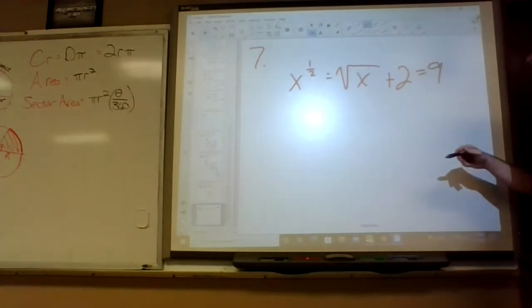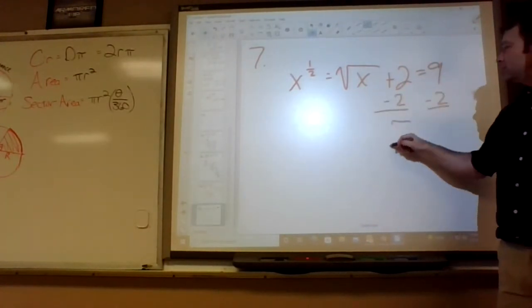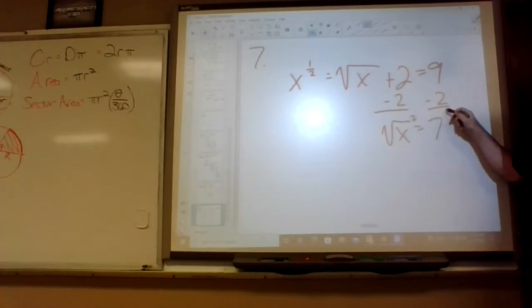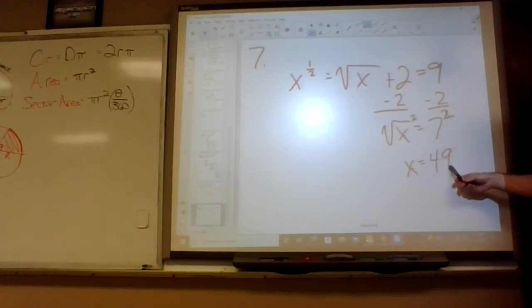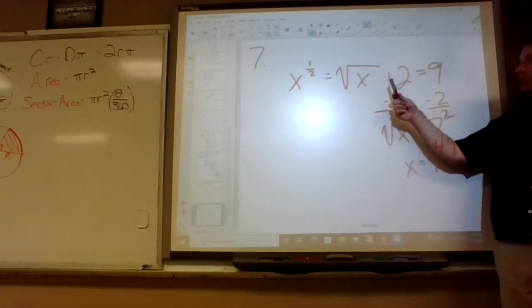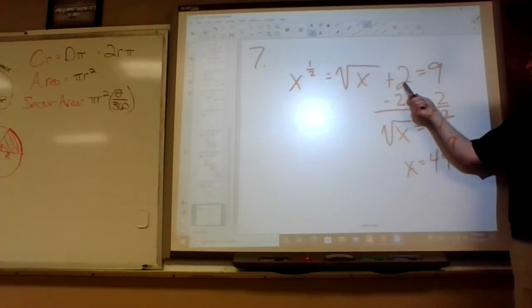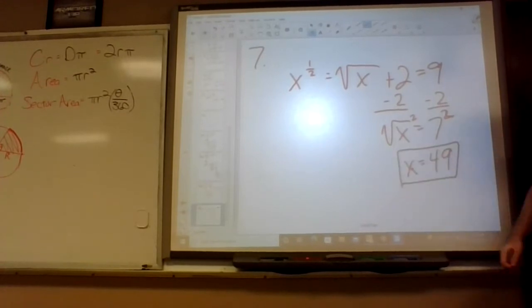How do I solve that for x? Minus 2. Square root of x equals 7. Then square it. So x equals 49. And we need to make sure 49 actually works. Square root of 49 is 7, plus 2 is 9, which is true, so that's actually right.